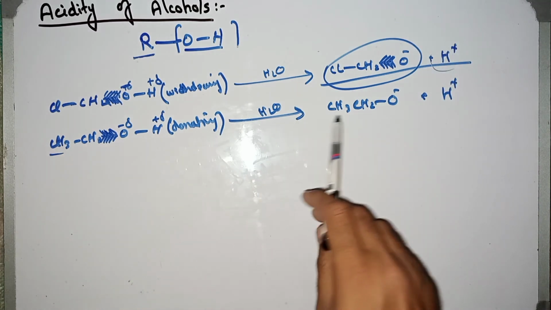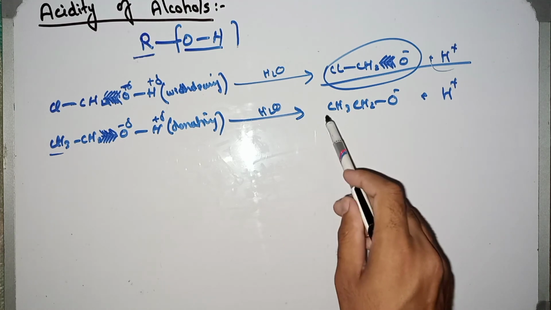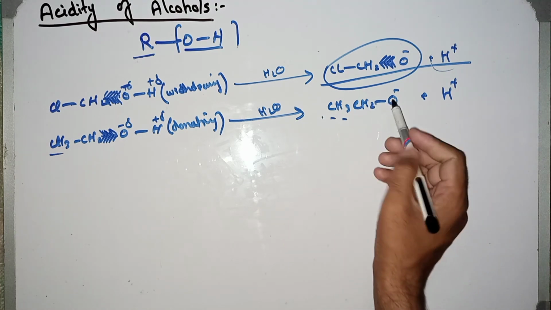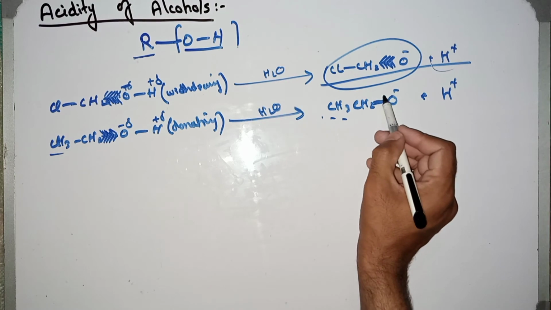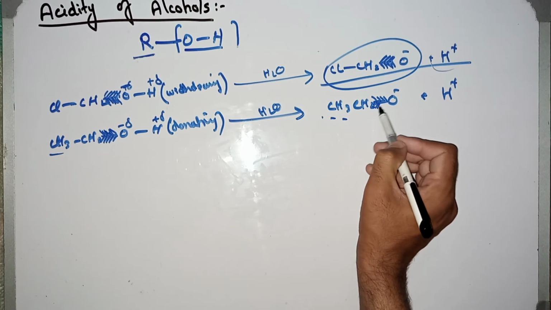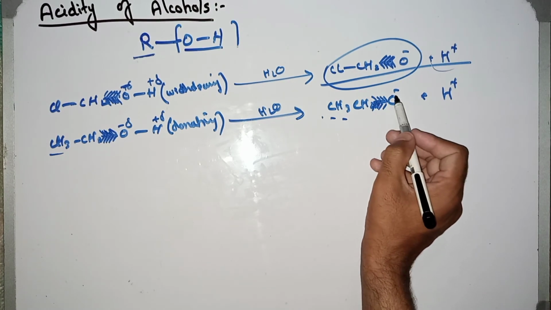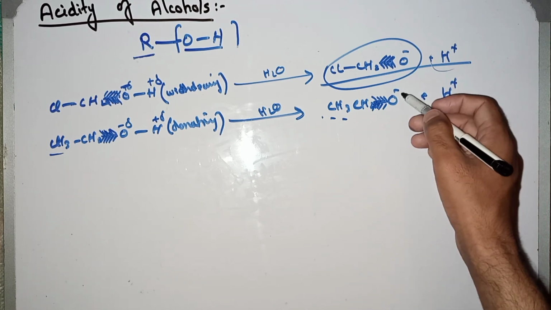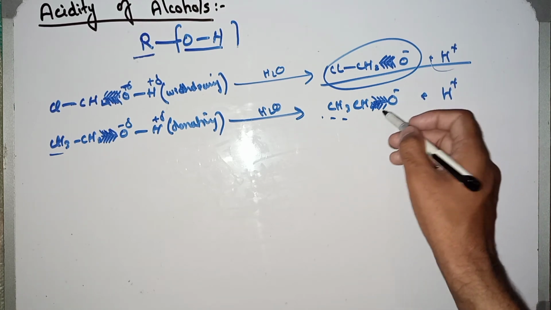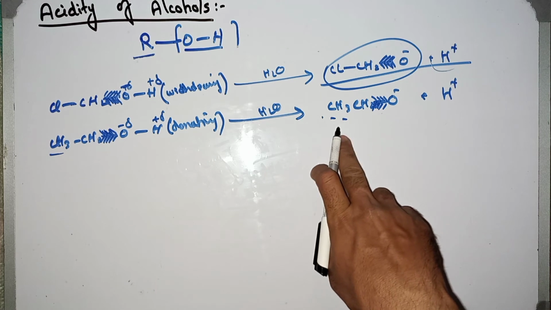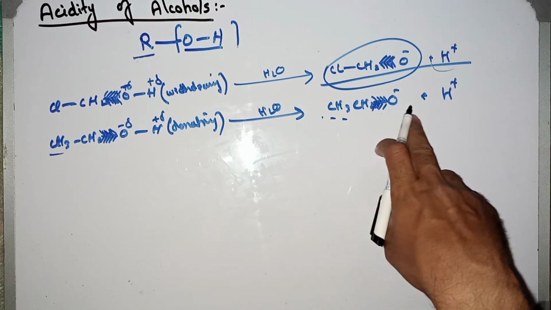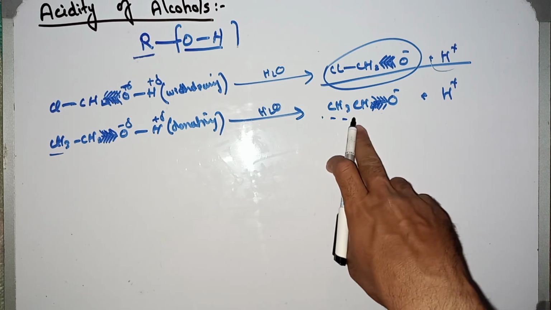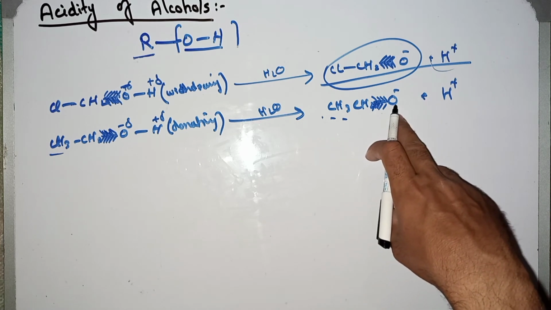While in the case of alcohol, an electron donating group is attached. This electron donating group increases the electron density on the oxygen, and when we add a further electron donating group, it further increases the electron density on this oxygen atom.